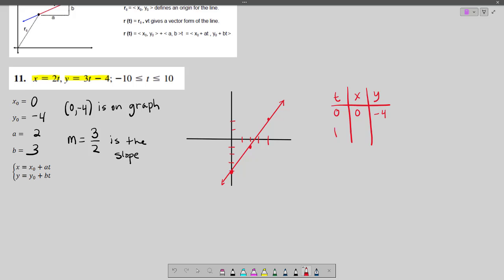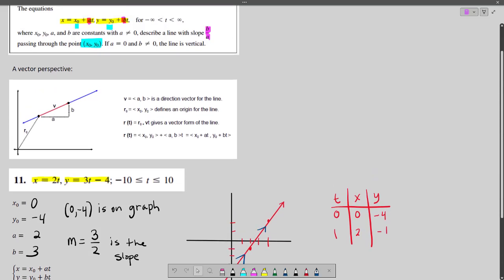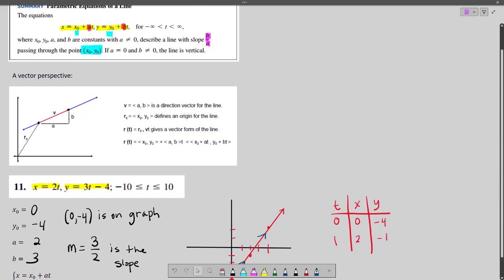Plug in t equals 1, we're going to get 2 for x, and we're going to get -1 for y. So 2, -1 is right there. That tells us that our orientation is this direction, the direction of increasing t. Okay, so that's kind of the memorization way to do this. You just sort of have to remember what goes where.